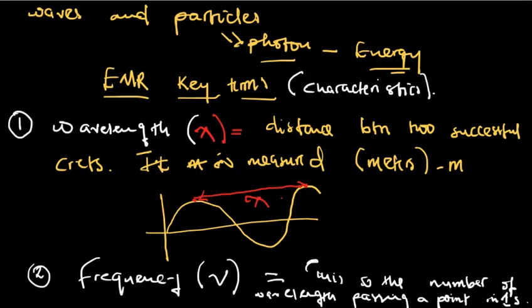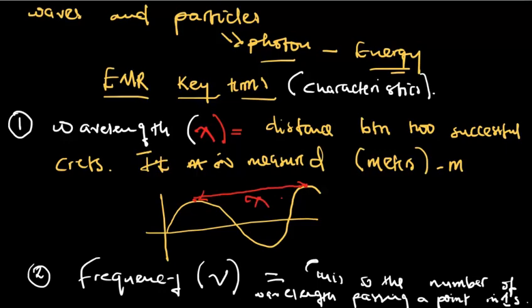Now, of course, there are quite a number of terms that we are going to look at, but to start with, we'll look at the wavelength, which we have defined as the distance between crests, and then we also have the frequency, which we have defined as the number of wavelengths passing through a point in a second.